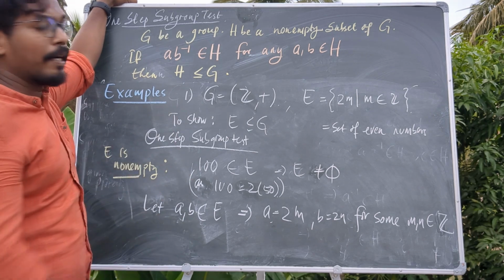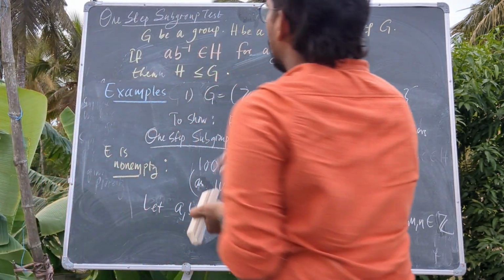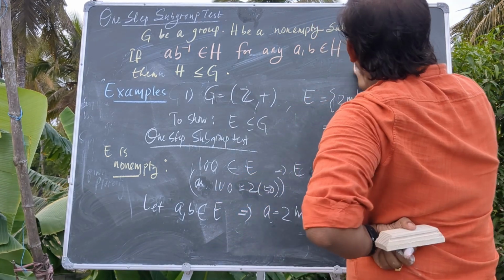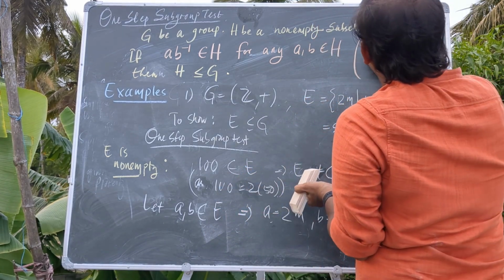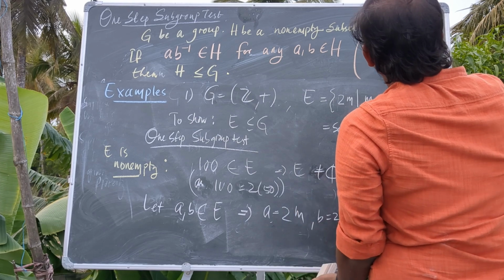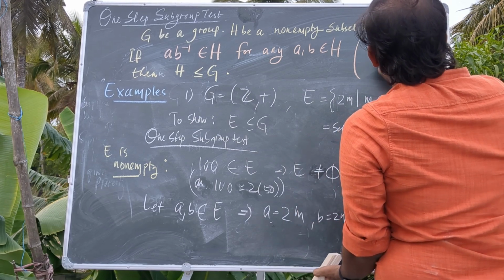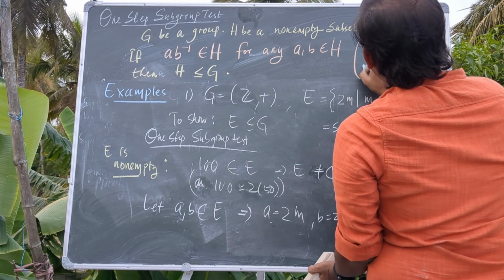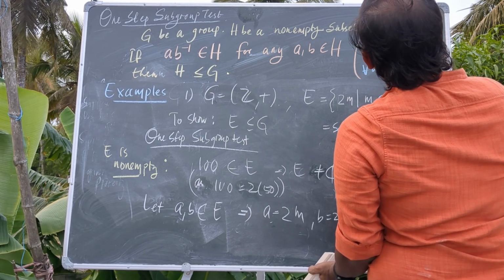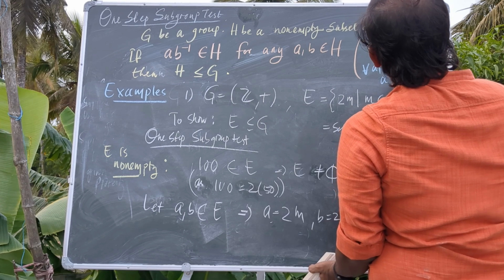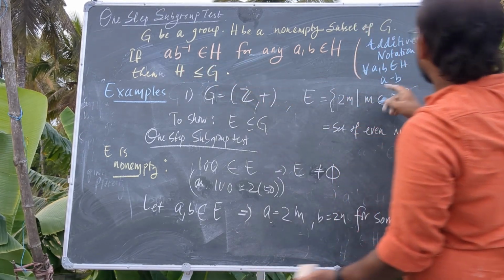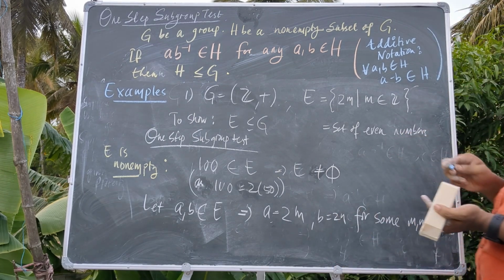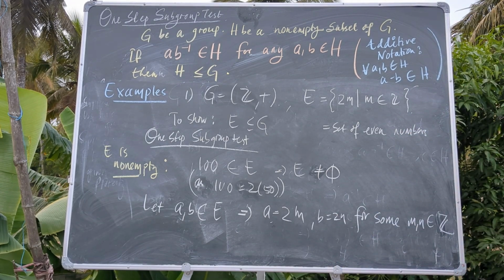We are using additive notation, so the one-step subgroup test in additive notation says that for any a, b in the set H, the difference a minus b is in H. The quotient becomes a difference, and we have seen this in the notation video.